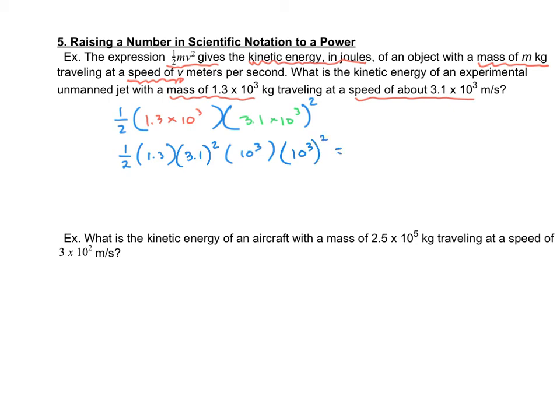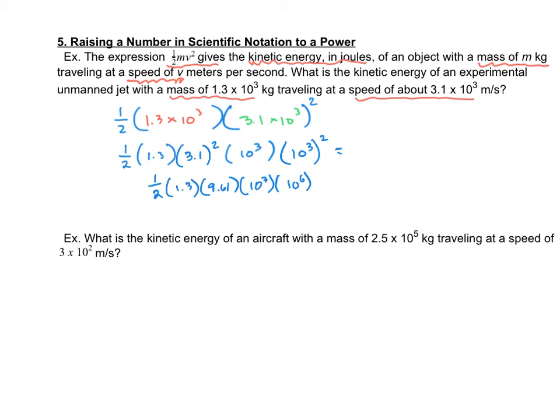And all I've done is write some stuff out so you can see the process and the thinking that's going on here. So when I rewrite that, of course, I could have put it all in the calculator without a doubt, but it doesn't take a lot to do this. I have 1/2 times 1.3 times whatever that's going to be. Looking at my notes, it came to 9.61 times 10 to the third times 10 to the sixth.